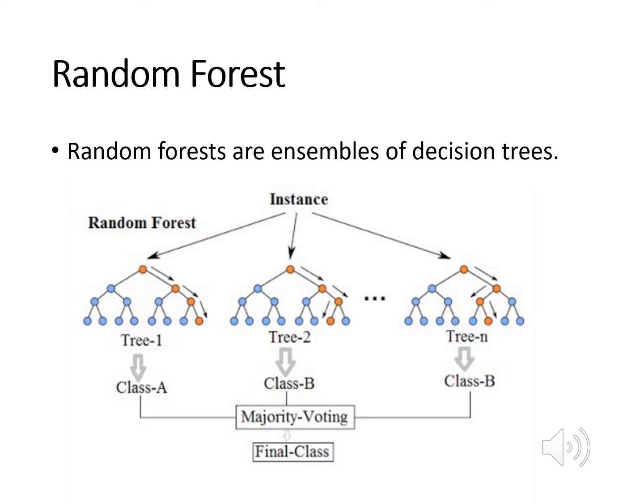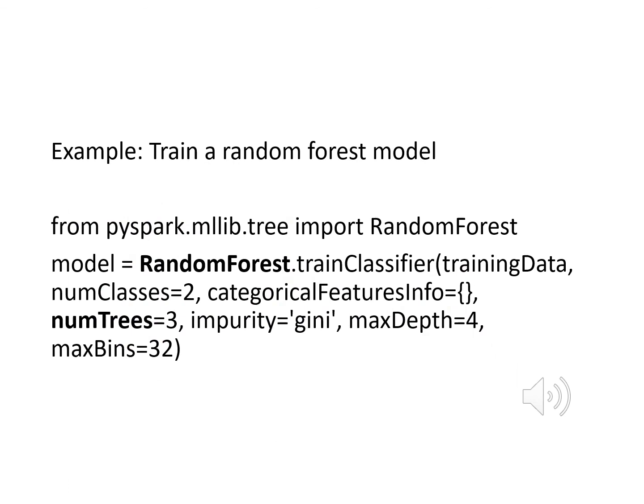With majority voting, this instance's prediction will be class B. Since it's composed of multiple trees, this algorithm is called random forest. We can train a random forest model directly in Spark. Here is an example, where we specify the number of trees in the random forest as 3.